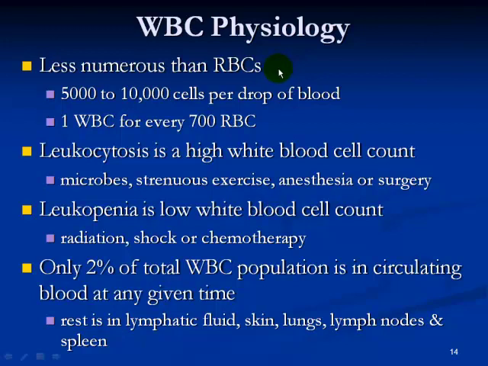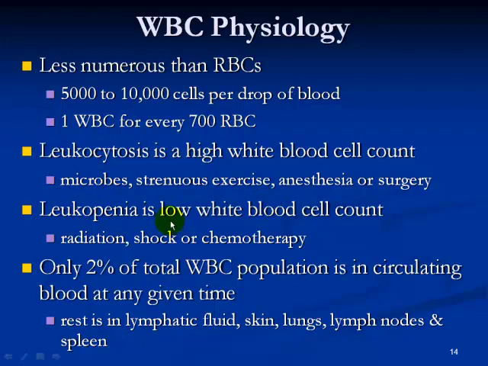White blood cells are far less numerous than red blood cells. We talked about that. Leukocytosis would be a high white blood cell count, and this could be as a result of microbes, invaders in the body, strenuous exercise, anesthesia, surgery, any of those kinds of things that would cause a problem, where the leukocytes have to come out and act as defenders of the body.